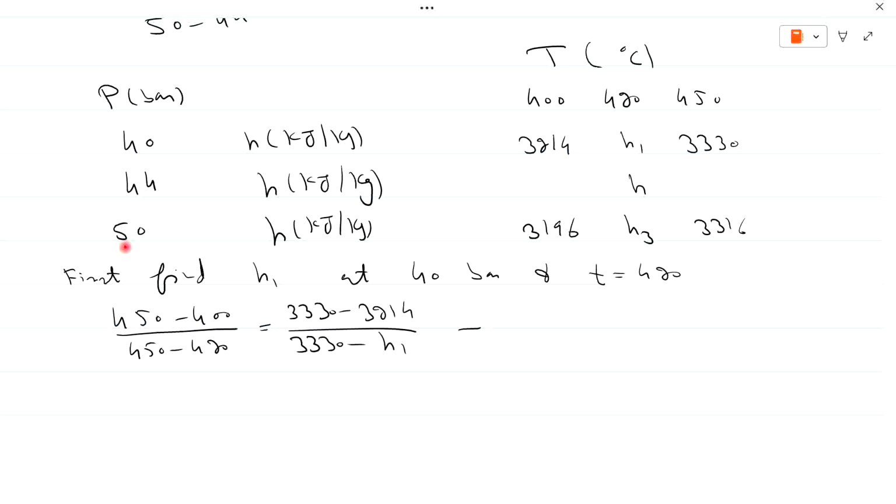Second is H1. So H1 is equal to 3267.37 kilojoule per kg.